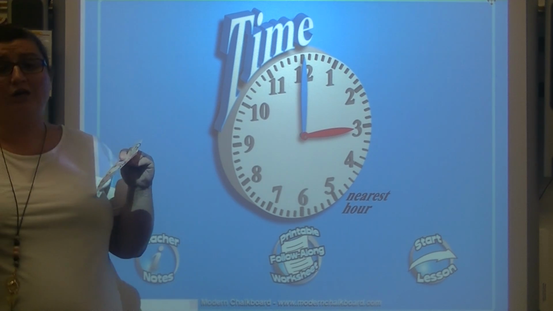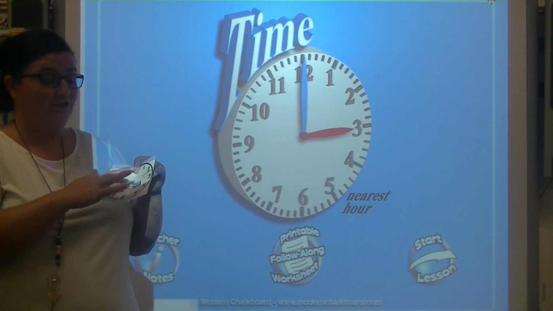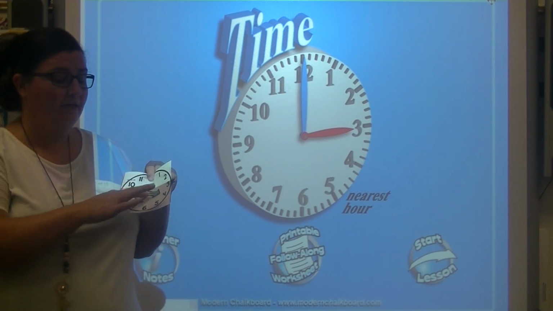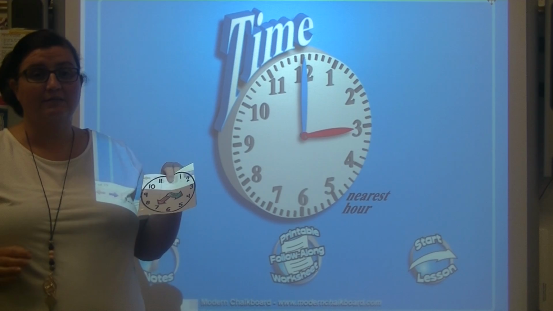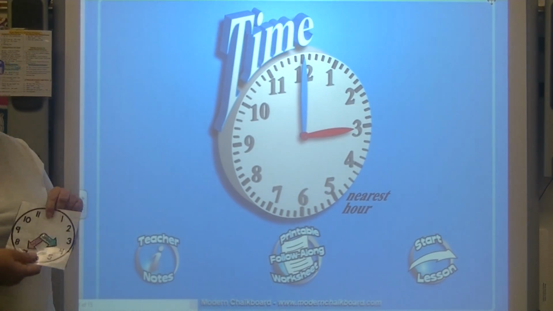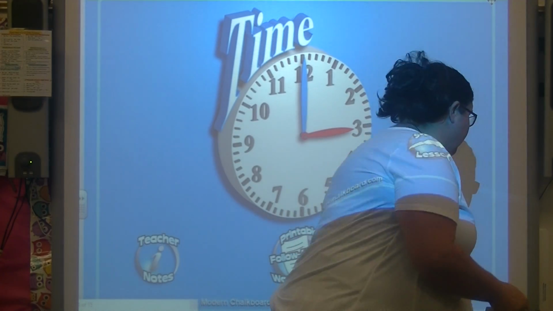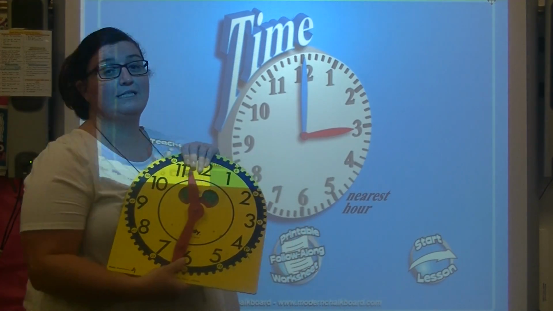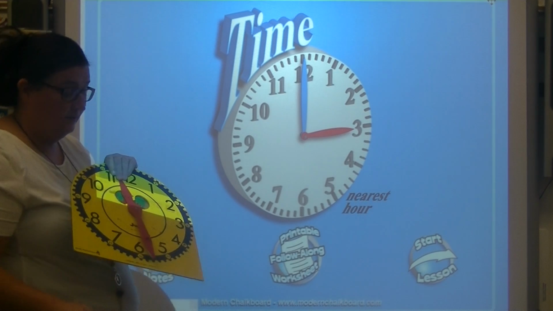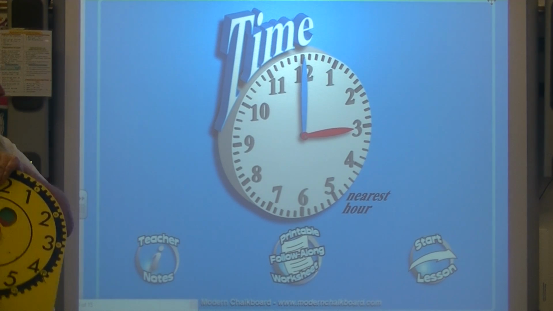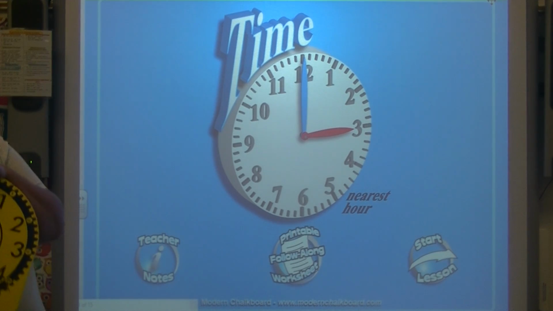That one is an orange color. So you should have a shorter blue hand and a longer orange hand. Alright, this is your clock. Now Miss Fires prefers to use her big clock because it's easier for you guys to see on it. This is my Miss Judy, and I'll use Miss Judy as we go along.